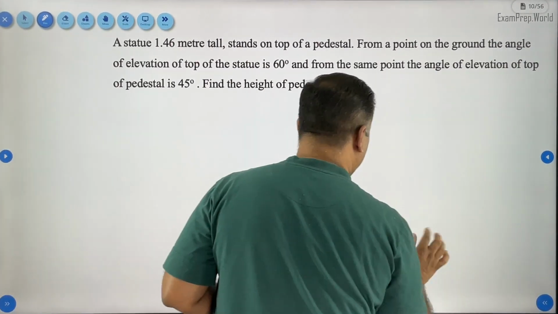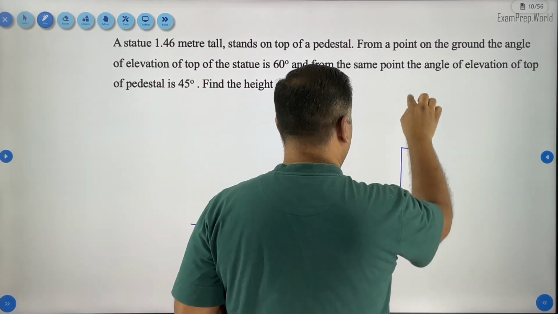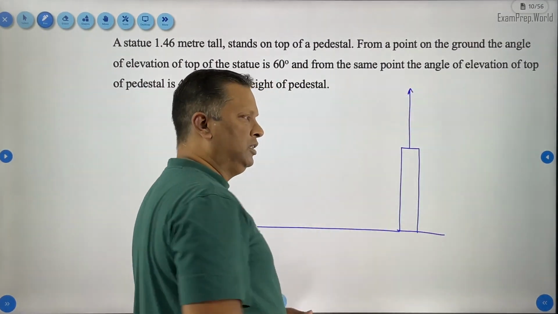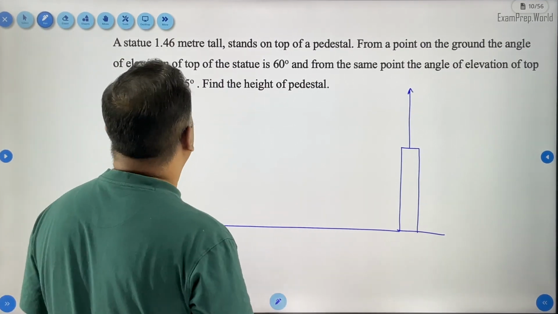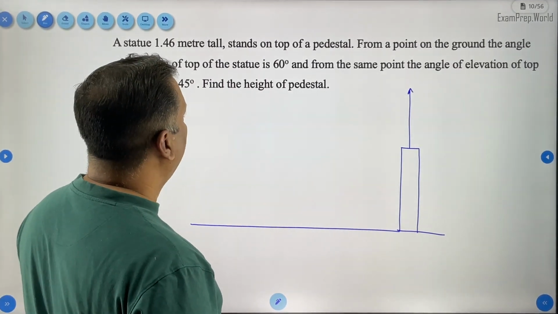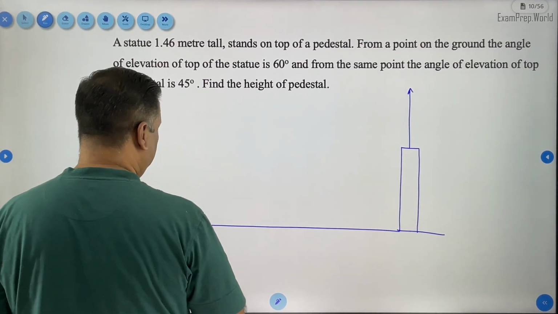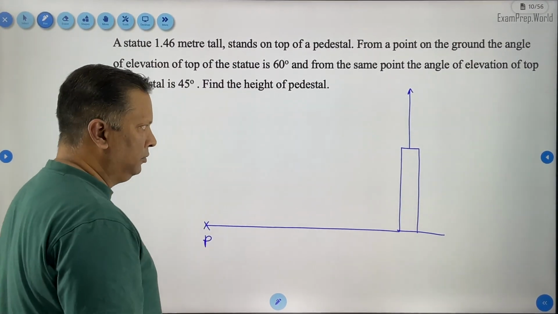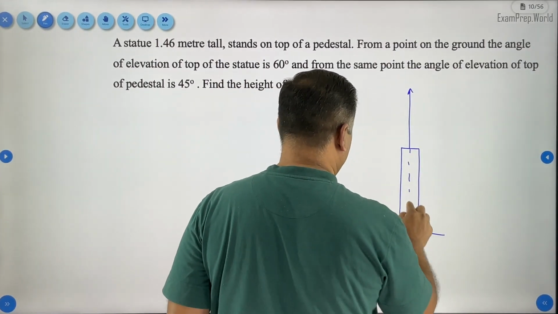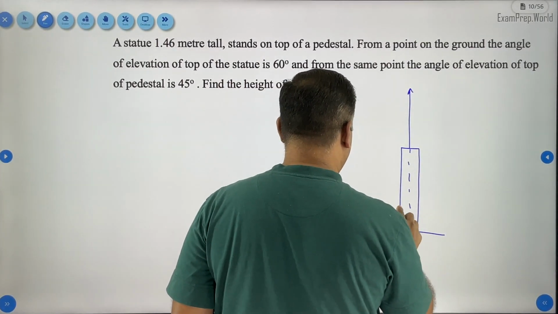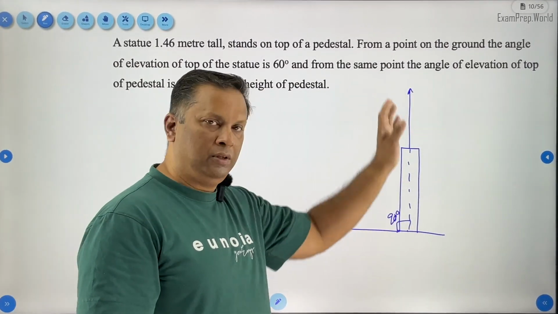Let me draw a little bigger one. The arrow is the statue and this is the pedestal. Now, from a point on the ground, let the point be here. This is our point P, at the foot of the pedestal. Obviously this is making 90 degrees, because the pedestal is standing perpendicular to the ground.